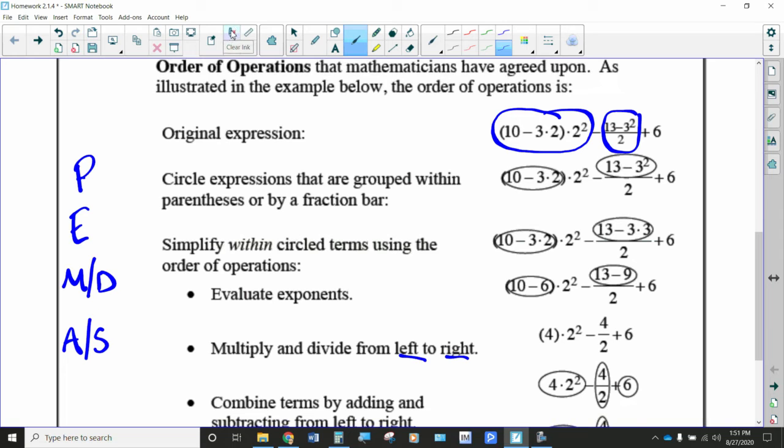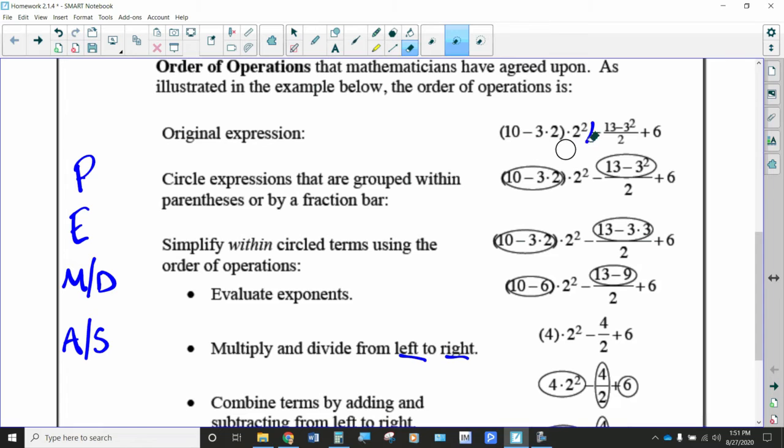Now, the grouping symbols, the parentheses aren't just parentheses. This is an obvious pair of parentheses that you'd want to simplify by multiplying first, and then 10 minus 6 gives you the 4. But this is another grouping symbol. The fraction bar is a grouping symbol. So this is telling you you've got to simplify what's in the numerator of this fraction before you do the division.